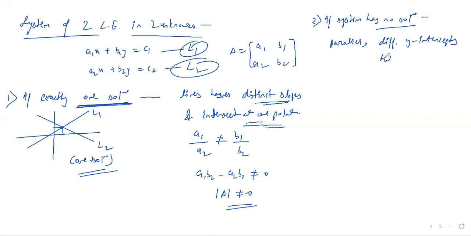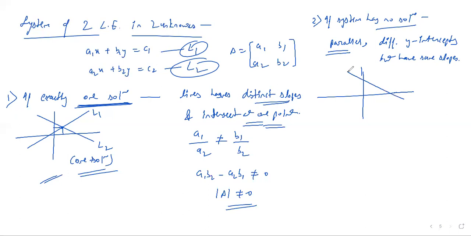We have done these concepts of lines, like intercept, same slope and parallel lines, in 11th and 12th too. So this is just the basic concept. So we have no solution when the lines are parallel and they have the same slope but different y-intercepts.